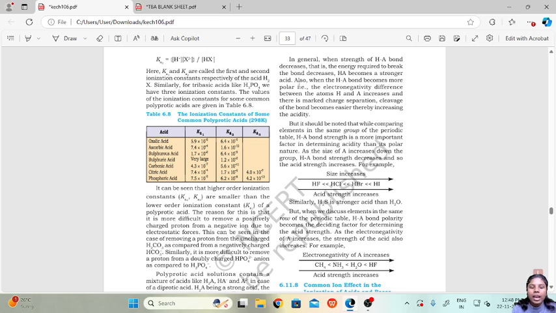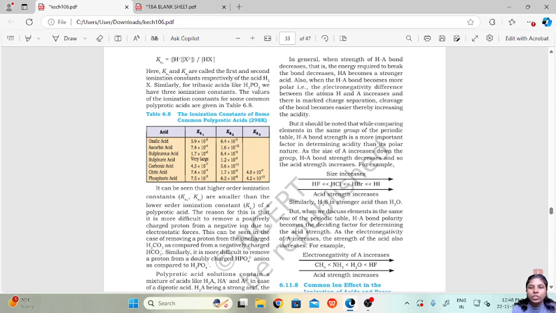So whenever you have a bond between H and A, and the energy that is required to break this bond is less, then we can say that HA becomes a stronger acid. Also, when the H-A bond becomes more polar, that is, the electronegativity difference between the atoms of H and A increases and there is a marked charge separation, cleavage of the bond becomes easier, thereby increasing the acidity.